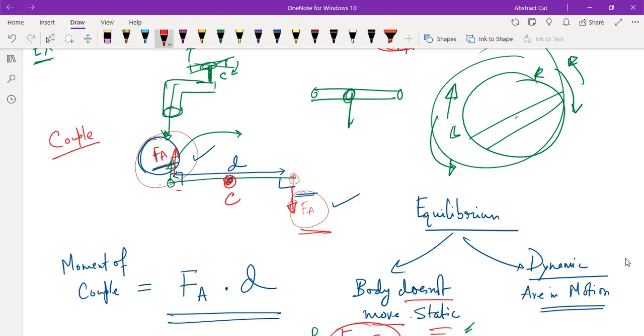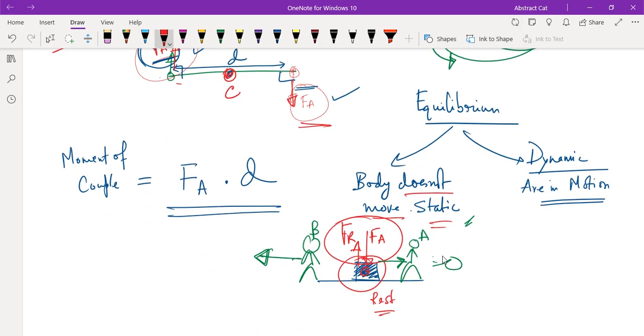These are called dynamic, but the forces are not in opposite directions. If they are in opposite directions, that is static, but at 90 degrees or any other angle, or in the same direction, the body is also in motion. That is dynamic equilibrium.